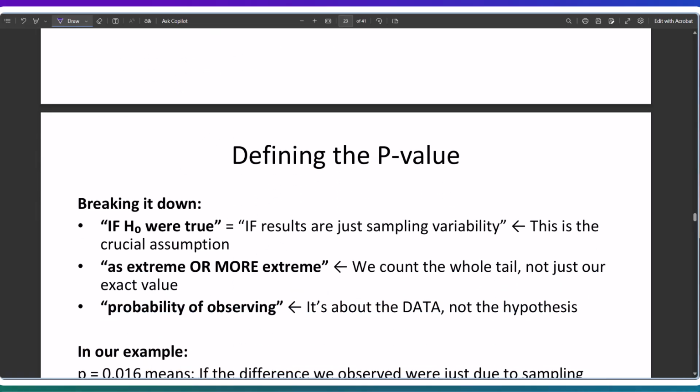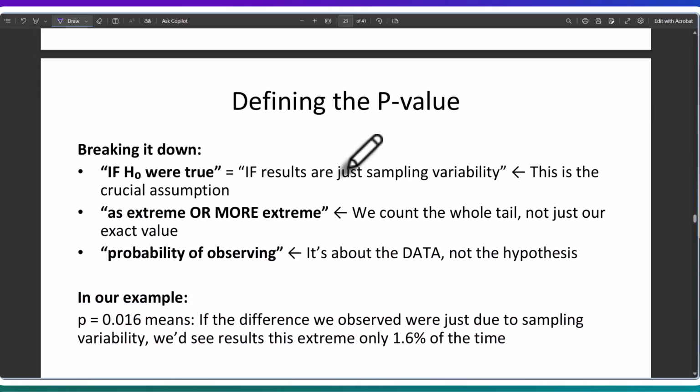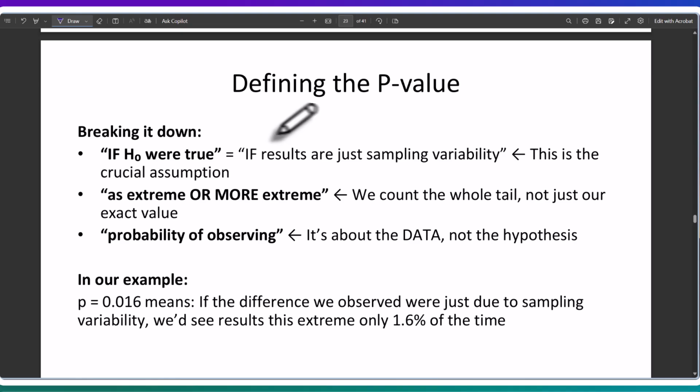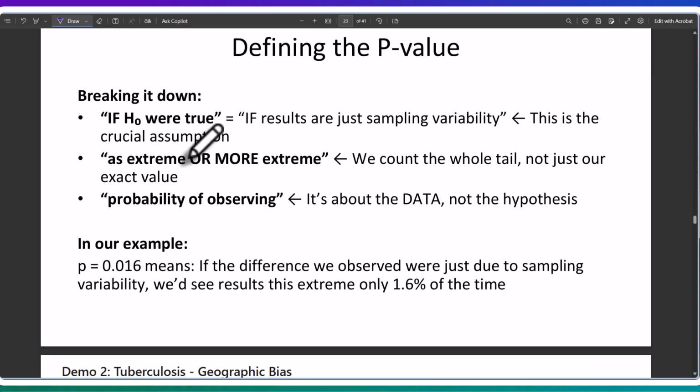So let's go ahead and talk about p-values. With p-values, we have to ask ourselves: if the null hypothesis were true, in other words, if the results are just sampling variability, that is our null hypothesis.